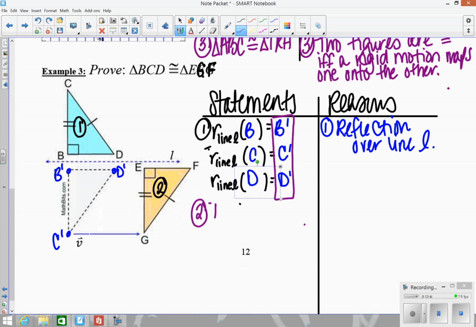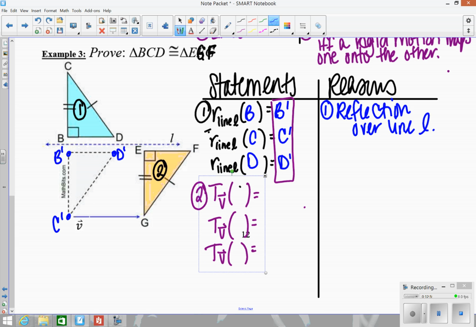So I'm going to do a translation along V for my 3 points. So I have B prime, C prime, D prime is what I'm translating. So now we have to look at what we're going to get out.